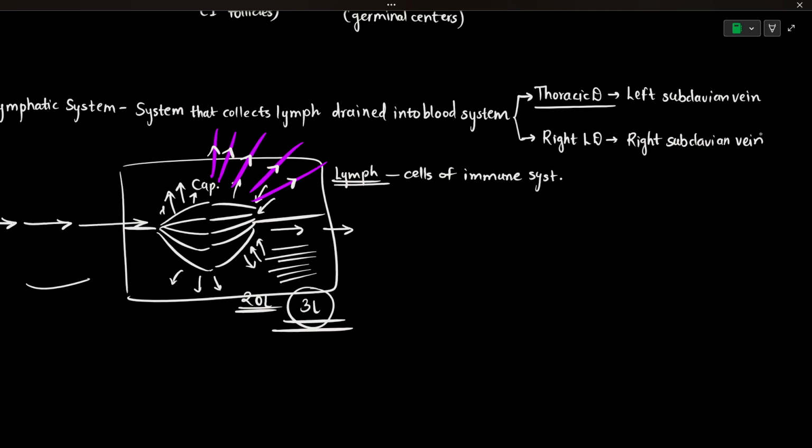This is how the lymph which is collected is returned again to the blood system. So this drainage system keeps the fluid levels balanced in our body.